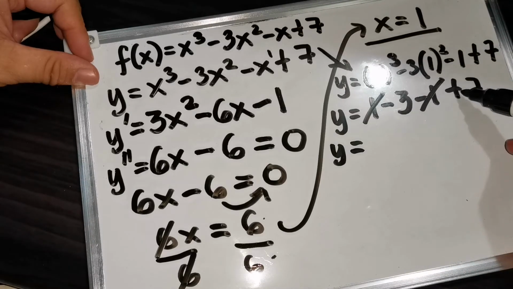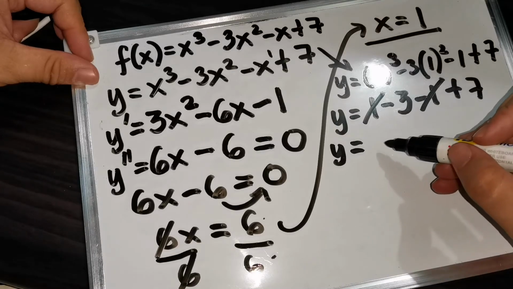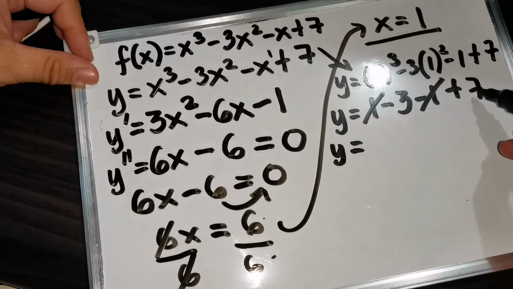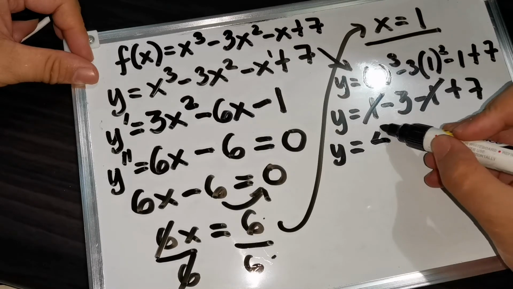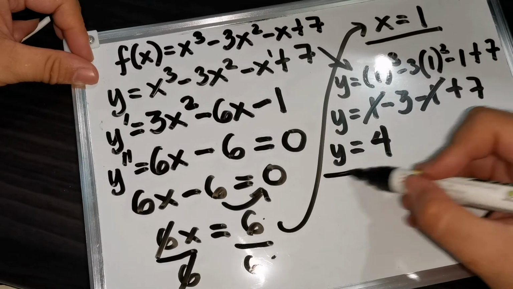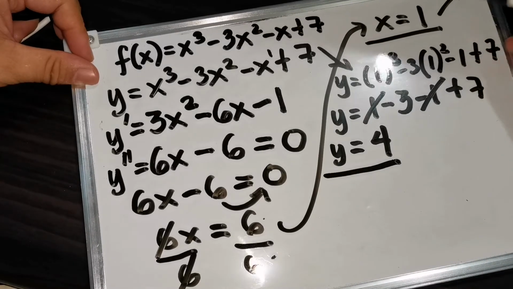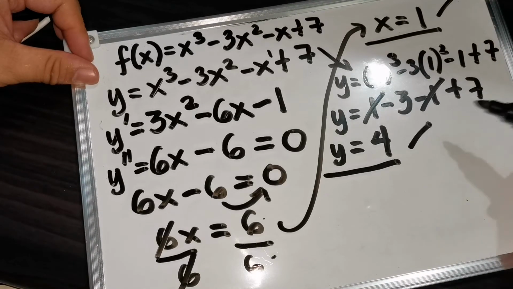So we copy the sign of the higher value of the two numbers. So we copy the positive sign because 7 is greater than 3. So negative 3 plus 7 is equal to positive 4. Now, if x is 1, then your y is equal to 4.